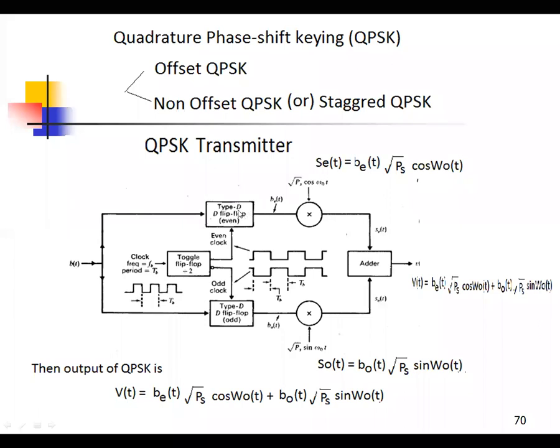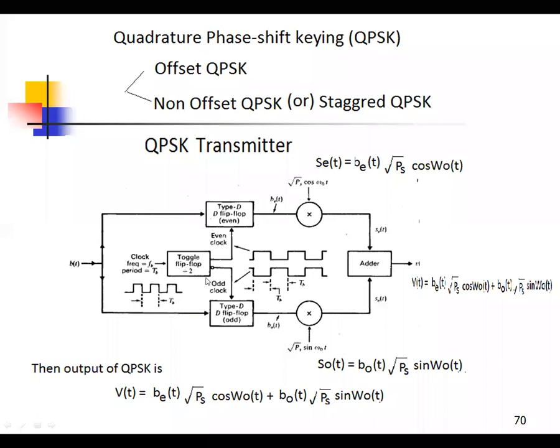So what are the outputs of the D flip-flops? One output is b_e(t), where e means even. That is, the b(t) signal is activated by the even clock from the toggling T flip-flop output. Similarly, b(t) activated by the odd clock gives b_o(t).